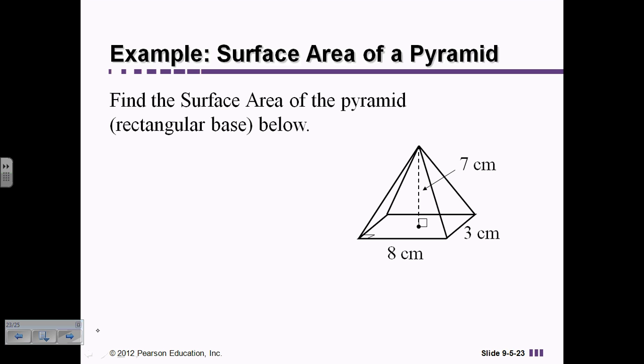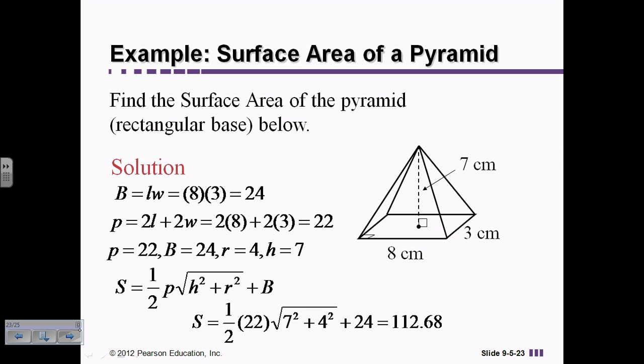Okay, so now let's look at the surface area. So to find the surface area, again, our formula is right down here, 1/2 perimeter times the square root of h squared plus r squared, plus b.